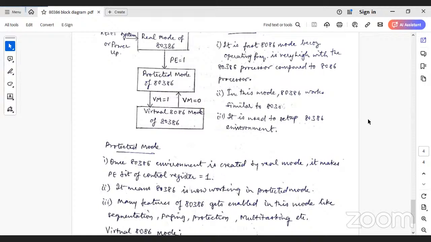Ma'am, will you please take one class on programming, the 8085 programming? Which programs, 8085 programs you want? Yes, ma'am. It is not a problem for me to take a program.